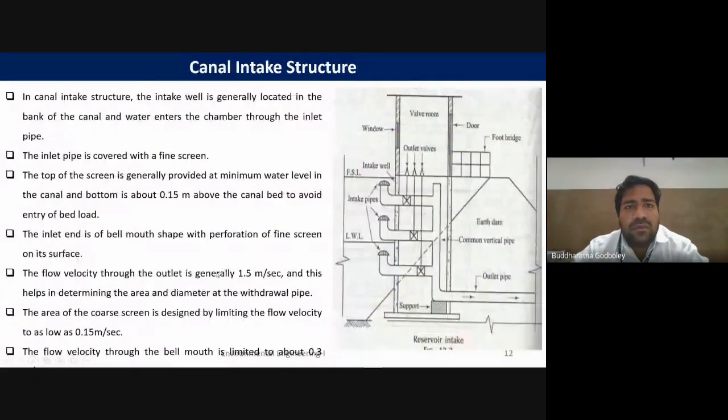Okay, so next is a canal intake structure. The same structure is provided. I'm sorry, this is the wrong diagram here. I provided the wrong diagram.